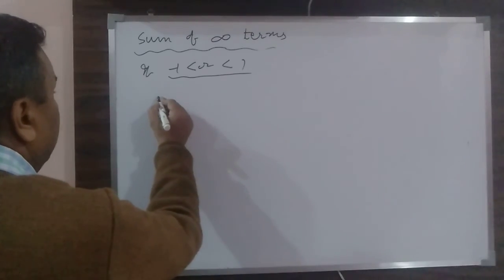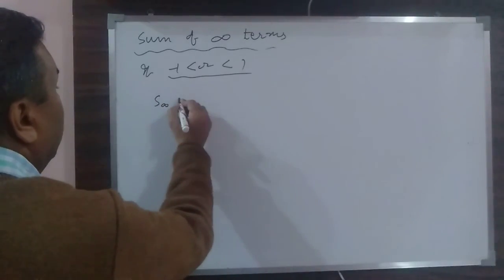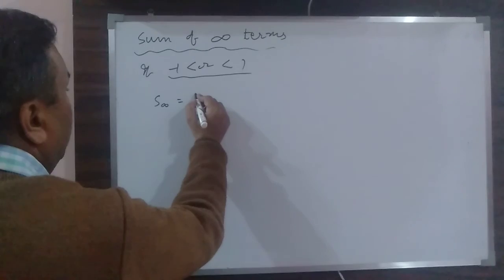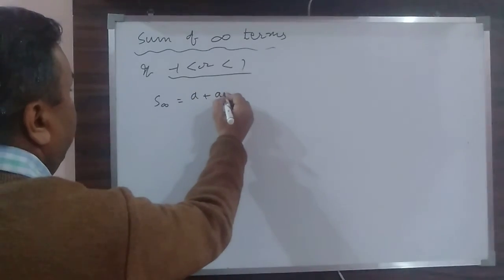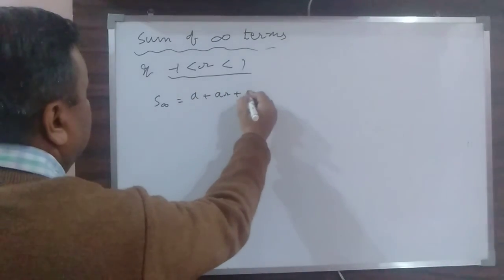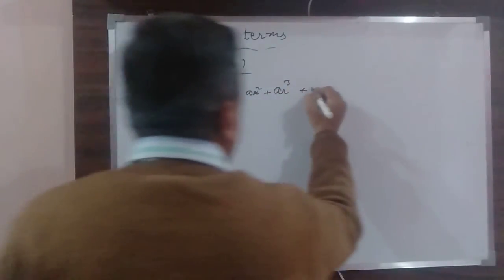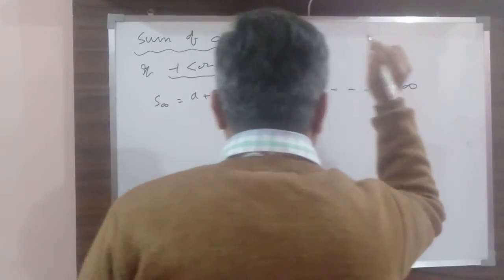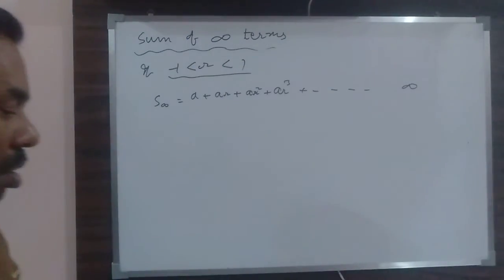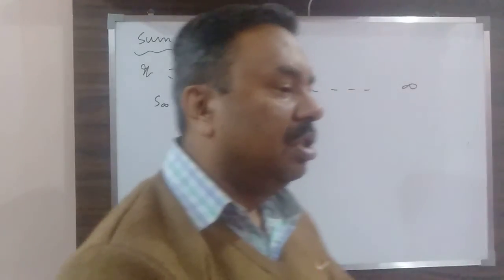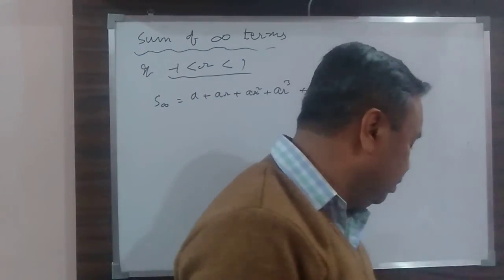S infinity will be equal to a plus ar plus ar square plus ar cube up to infinity.